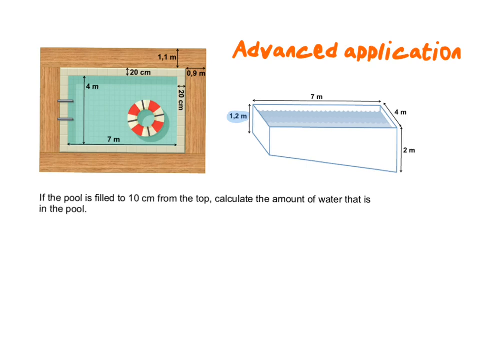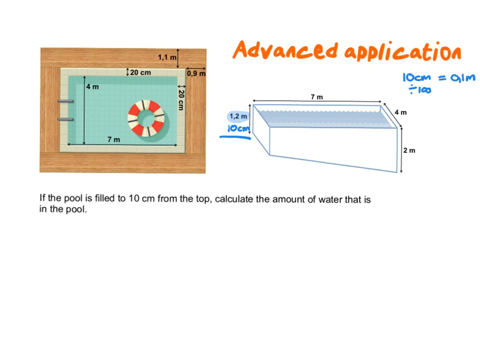In most cases, I find that just making this length over here a little bit less is probably the easier method to follow. When I need to subtract centimeters from meters, it's always good to do a conversion. Seeing that my final answer needs to be in meters, I'm going to convert my 10 centimeters to meters by dividing by 100, and that gives me 0.1 meters.